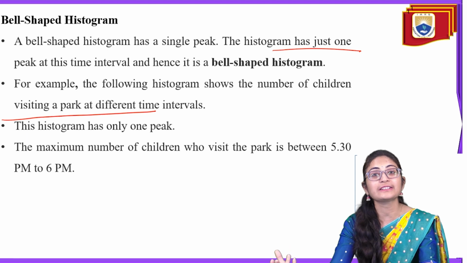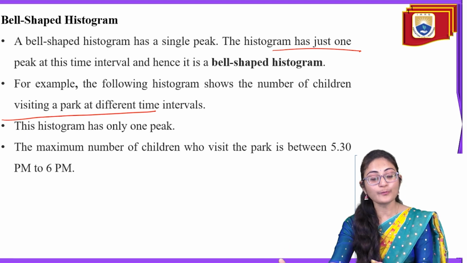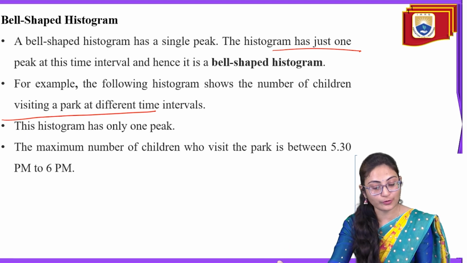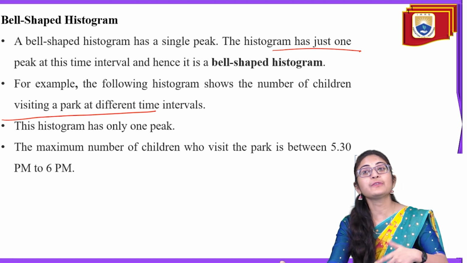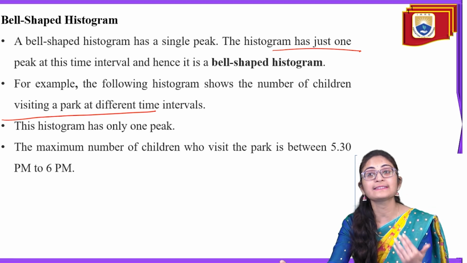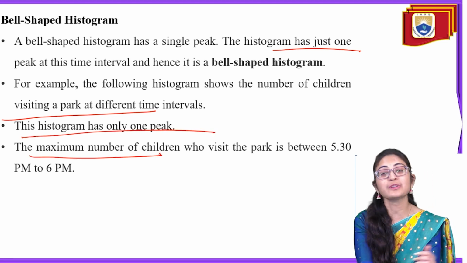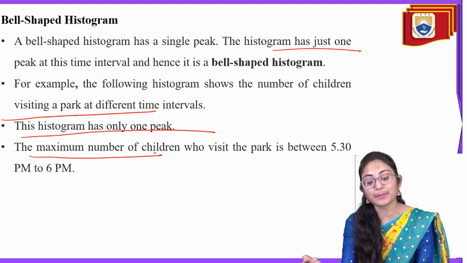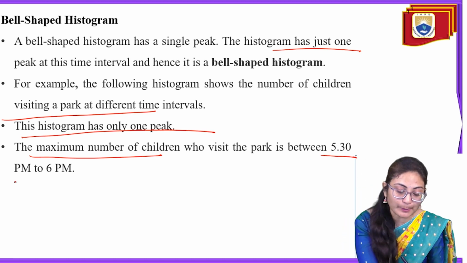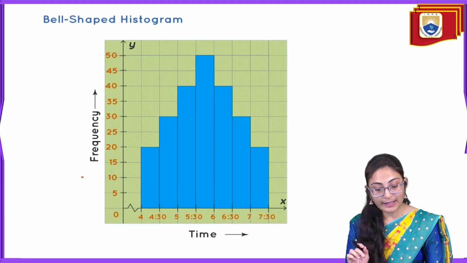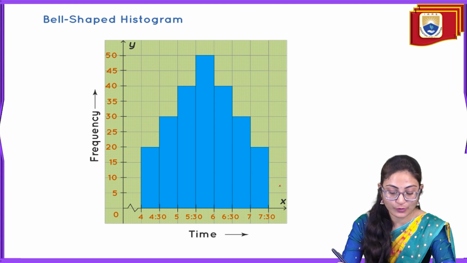That means there are different intervals, and we have to draw the bell-shaped histogram on that basis. And here we have only a single peak. So this histogram has only one peak, and the maximum number of children who visit the park is between 5:30 p.m. and 6 p.m. Now this is your bell-shaped histogram.